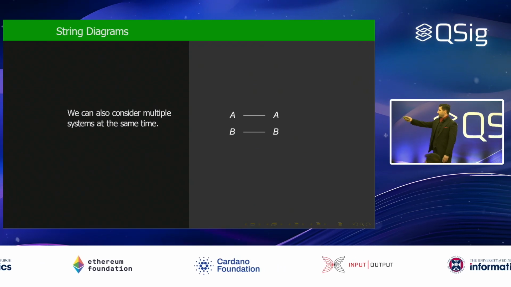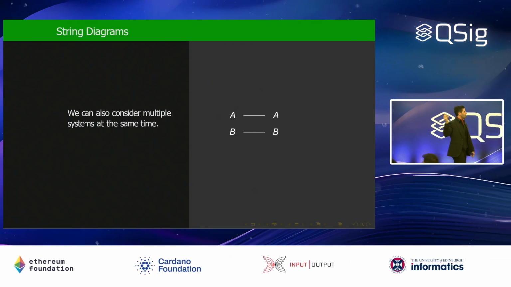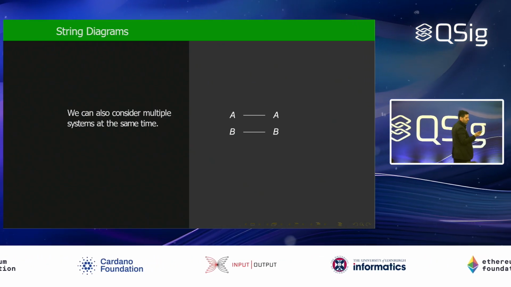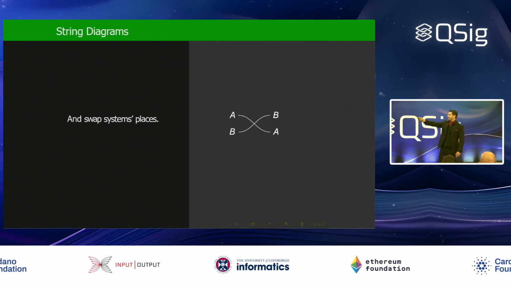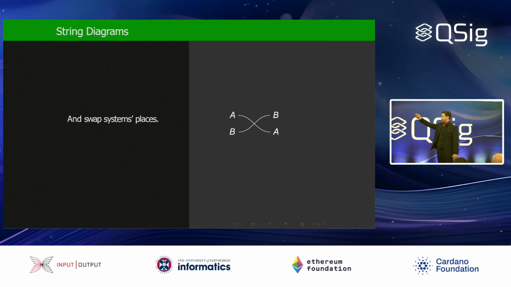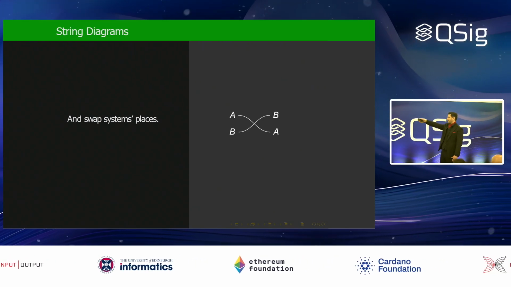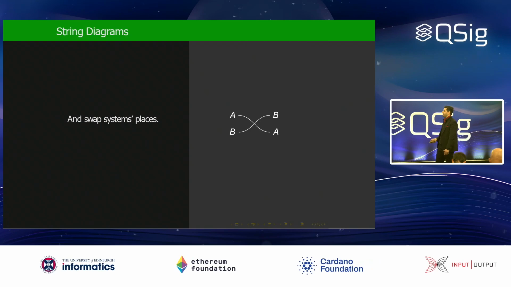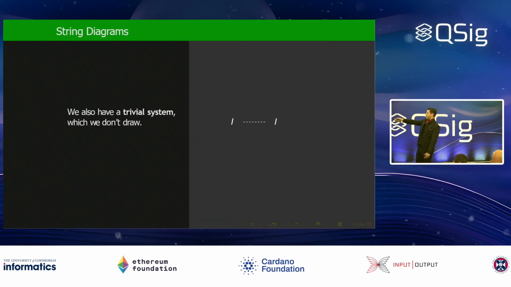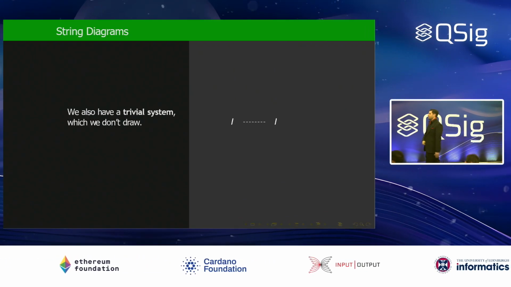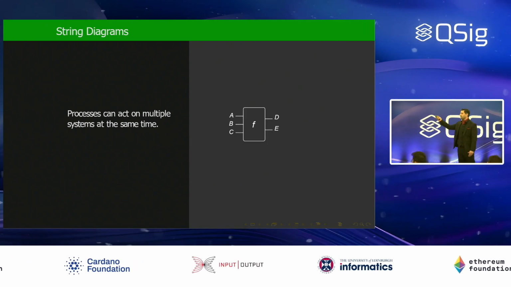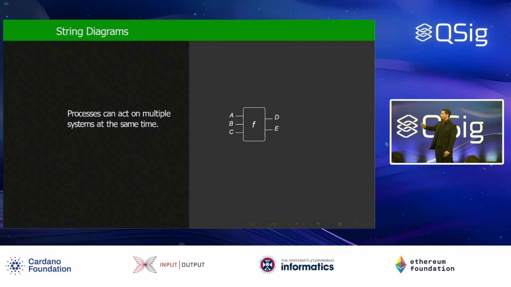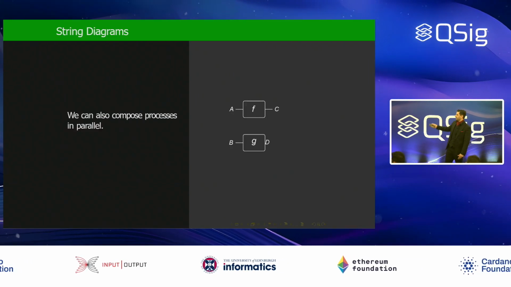We can also consider systems in parallel, and the way we do it is by just taking wires in parallel, unsurprisingly. When we do that, we have a process that swaps systems' places, basically. So A, B goes to B, A. We have a trivial system that, again, we do not draw. Processes can consume multiple systems and spit out multiple systems.